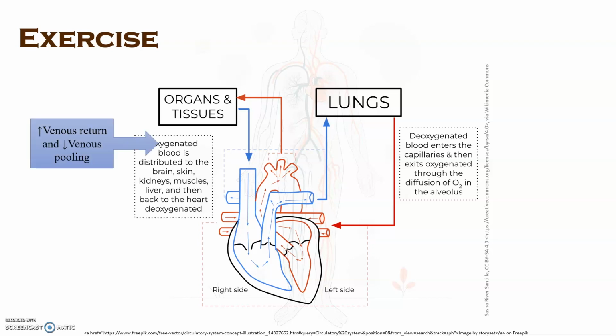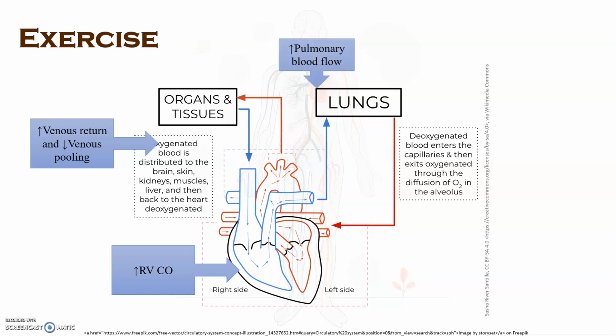As we were saying, the initial stimulus is an increase in venous return and a decrease in venous pooling due to the muscular venous pump pushing blood, particularly from the lower limbs, back into the circulation. This increases right ventricular cardiac output and ultimately increases pulmonary blood flow.